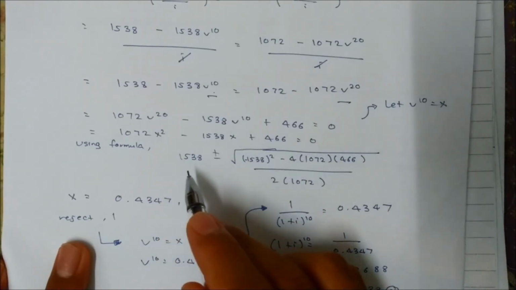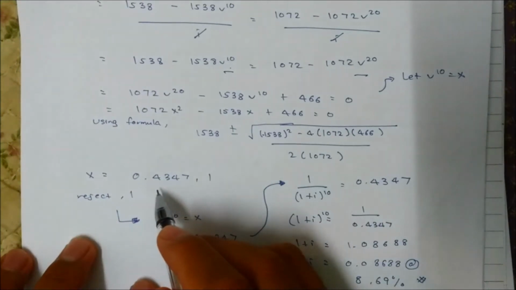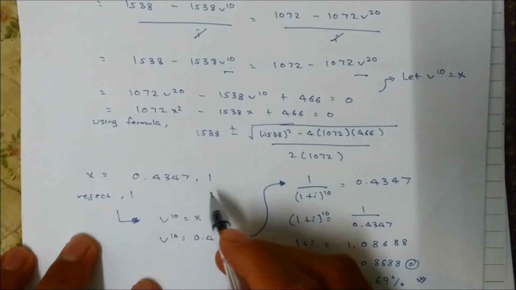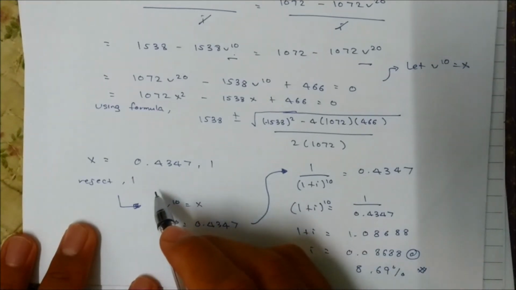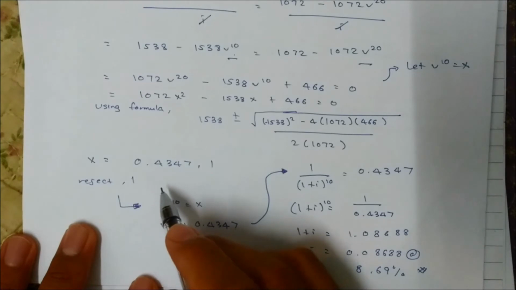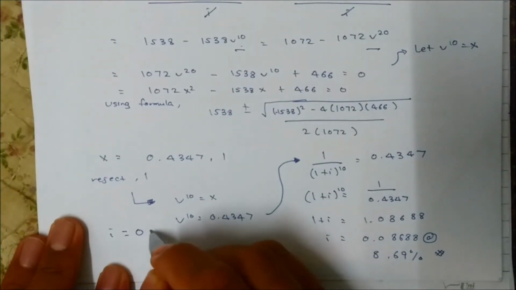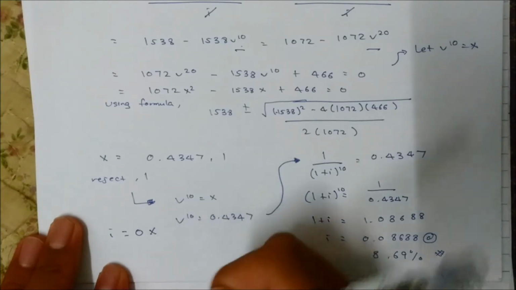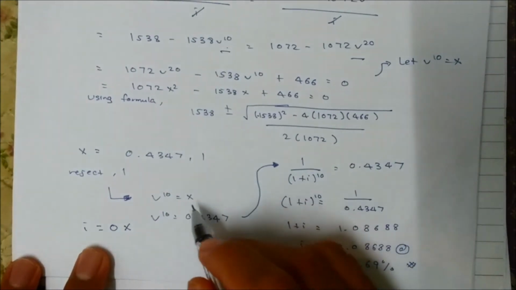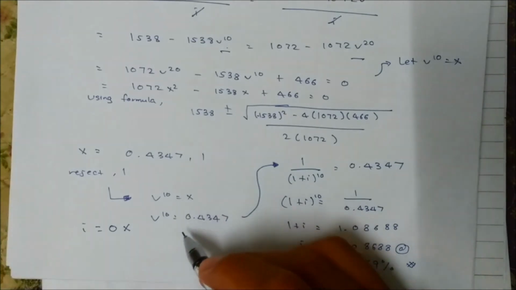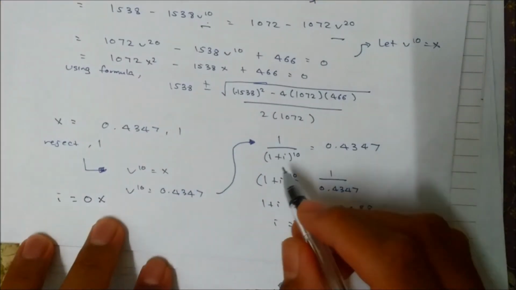Using the formula, we will obtain x equals 0.4347 or 1. We will reject the value of 1 because when we substitute into equation x, we get an interest rate equal to 0, which is not a logical answer. So we know v^10 equals 0.4347.